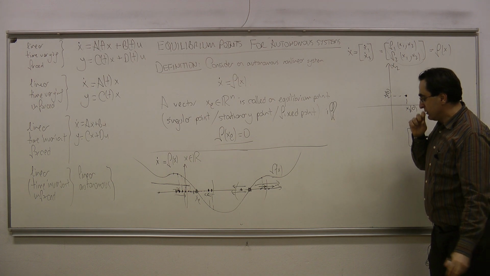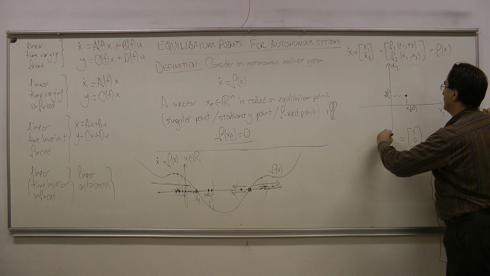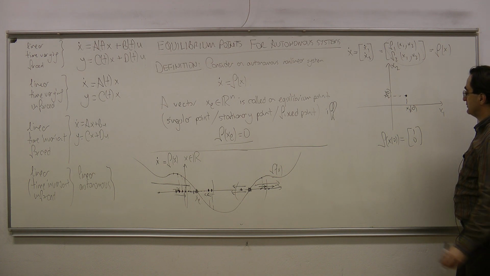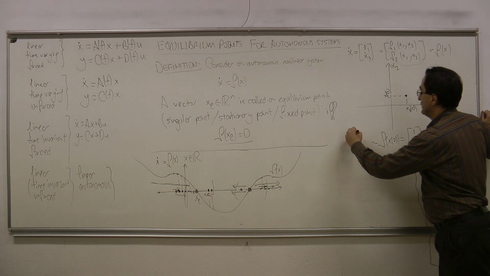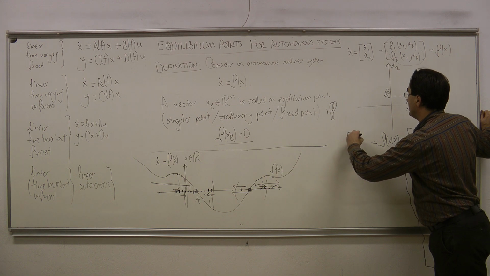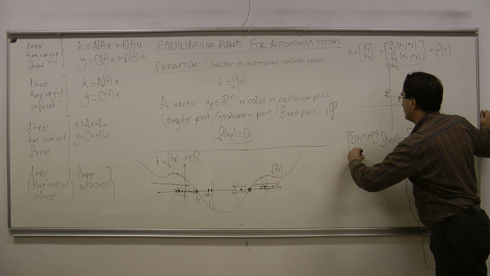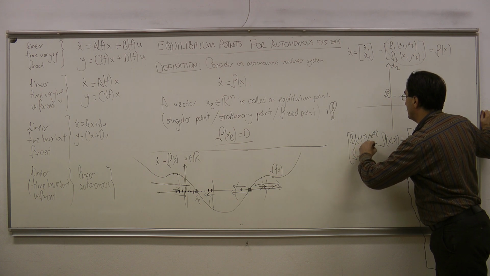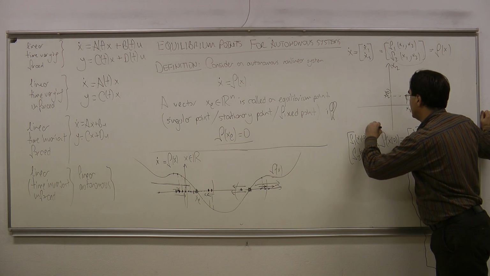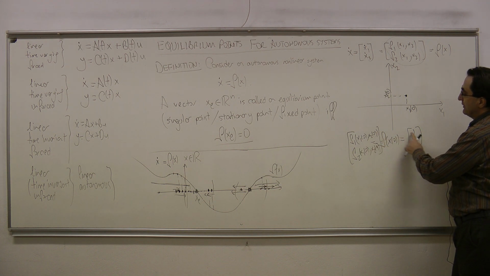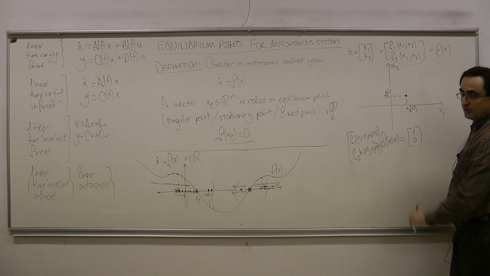So this is my f of x(0), let us say. This is nothing but f1 of x1(0), x2(0), and f2 of x1(0), x2(0). Let me say that this value turned out to be 1 and this value turned out to be 0.